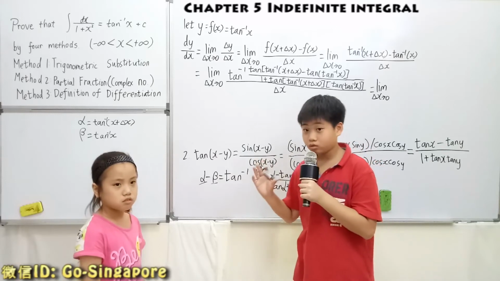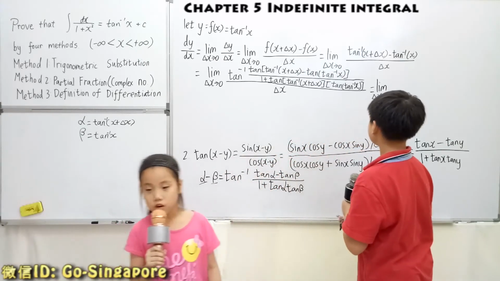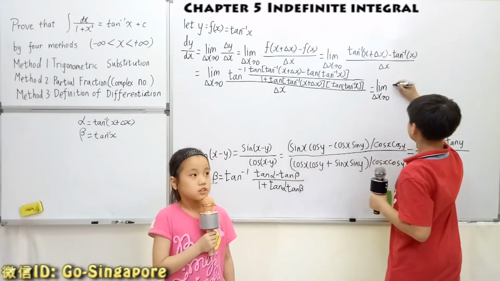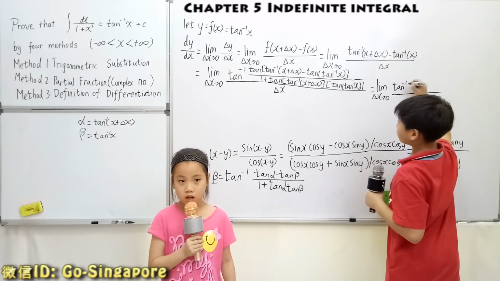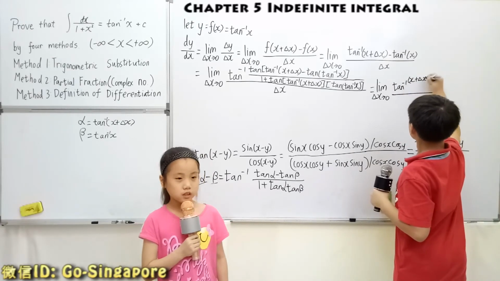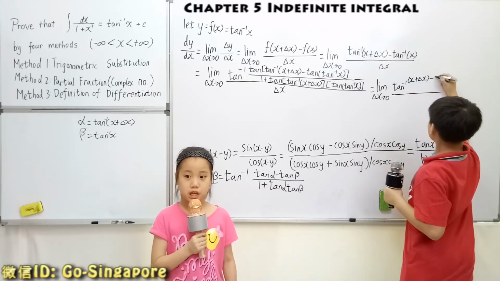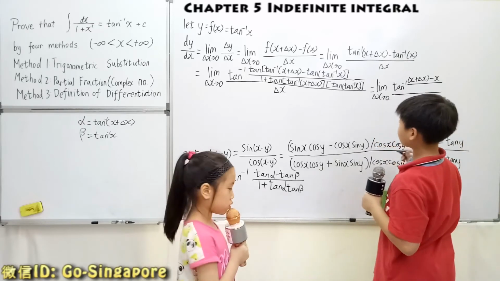Can you give some examples? Okay, for example, 3 times 5 divided by 5 will still be 3. And 11 minus 2 plus 2 equals 11.